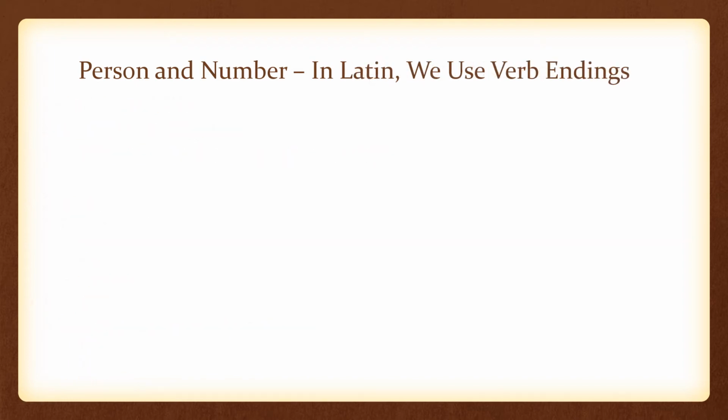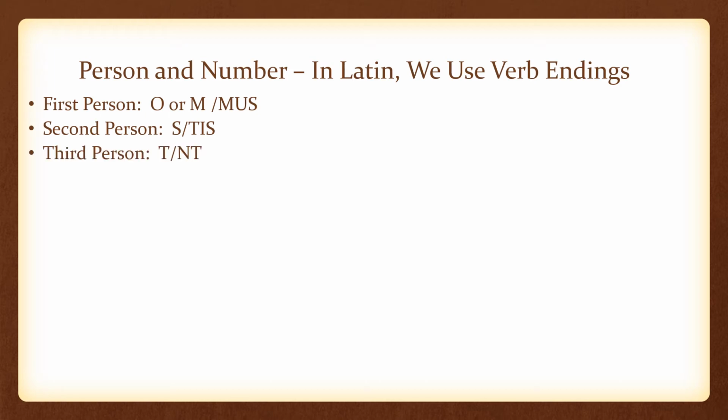In Latin, we use verb endings. For first person, we would use O or M in the singular and MUS in the plural. For second person, we would use S in the singular and TIS in the plural. For third person, we would use T in the singular and NT in the plural.